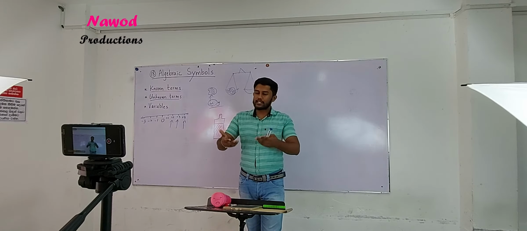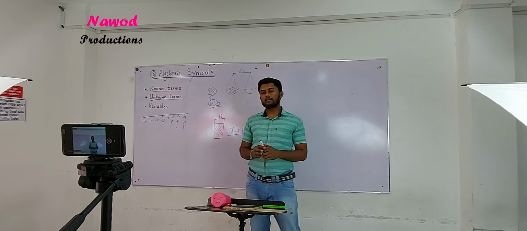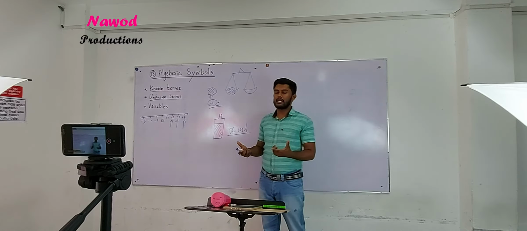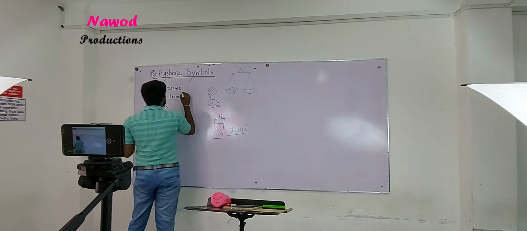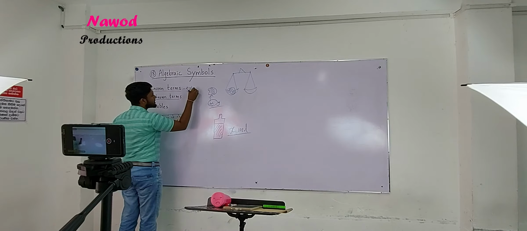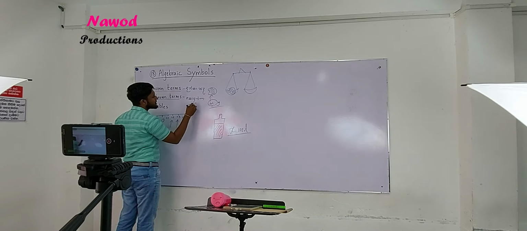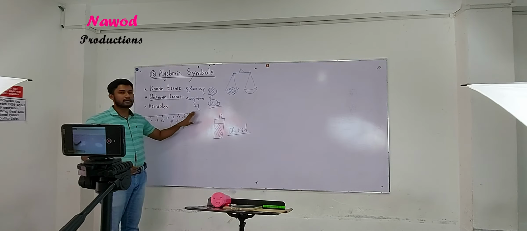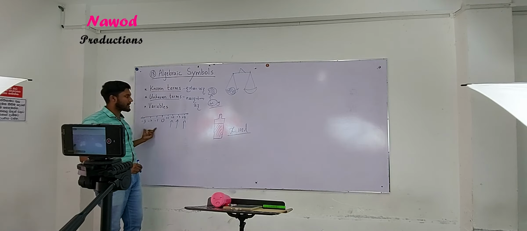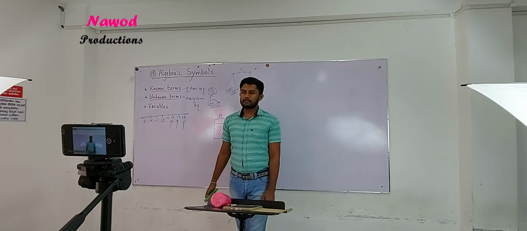Simple letters of the English alphabet are used to represent unknown terms, or variables. Known terms are represented by known numbers. To represent unknown terms, we use simple English letters.